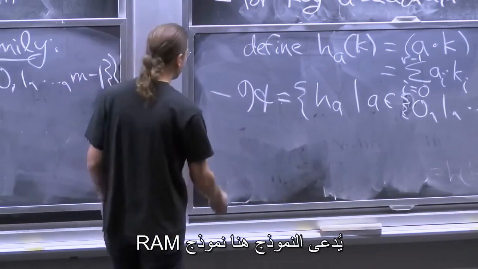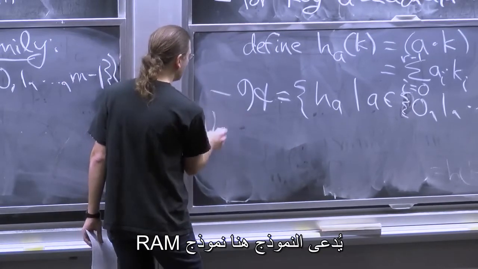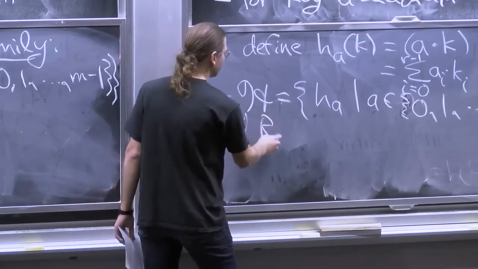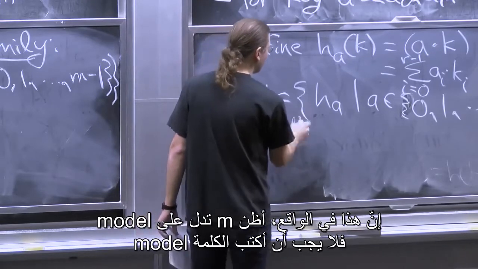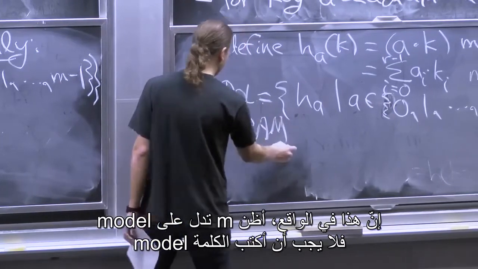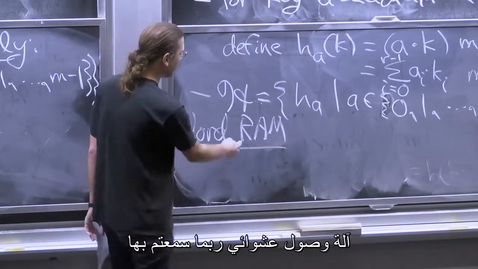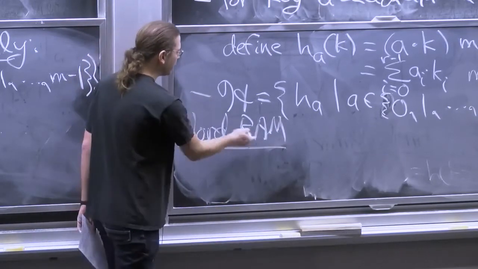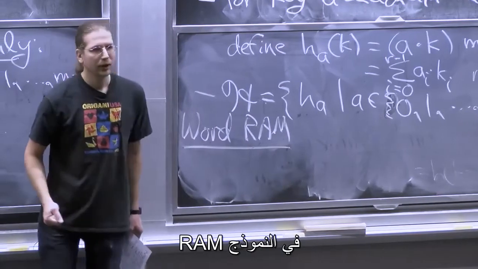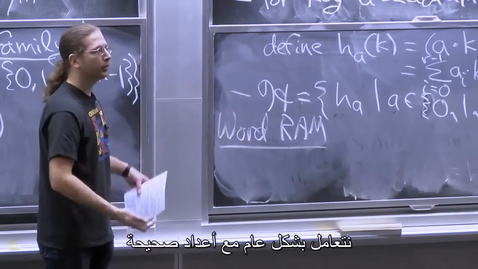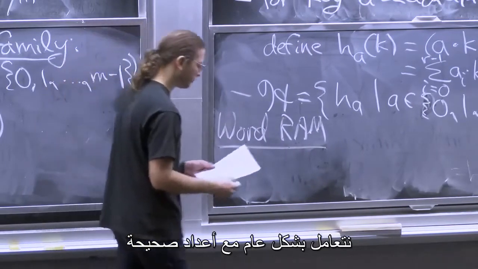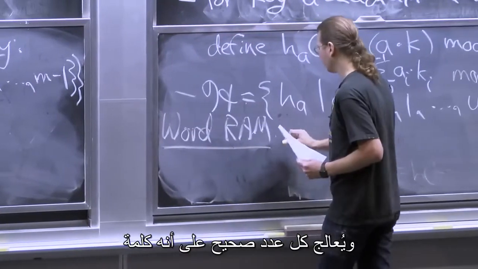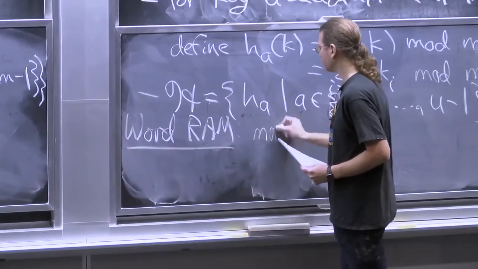OK, in general, we're in a world called the word RAM model. RAM stands for random access machine, which you may have heard of. The word RAM assumes that in general, we're manipulating integers, and the integers fit in a word.